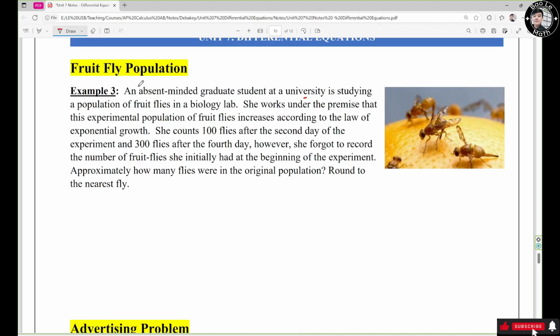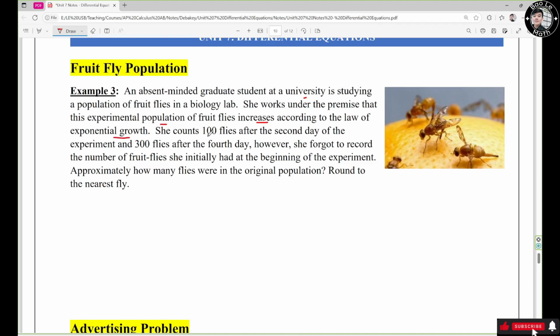Now let's move on to example number 3. An absent-minded graduate student at a university is studying a population of fruit flies in a biology lab. She works under the premise that this experimental population of fruit flies increases according to the law of exponential growth.